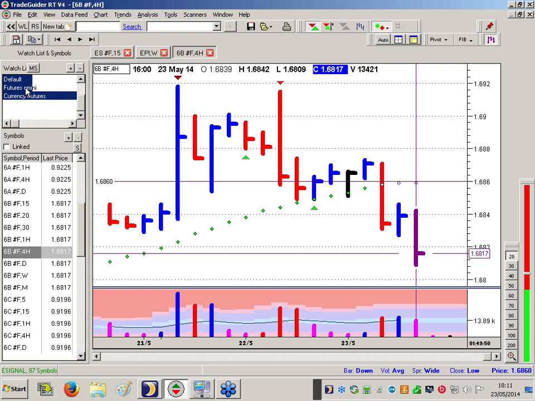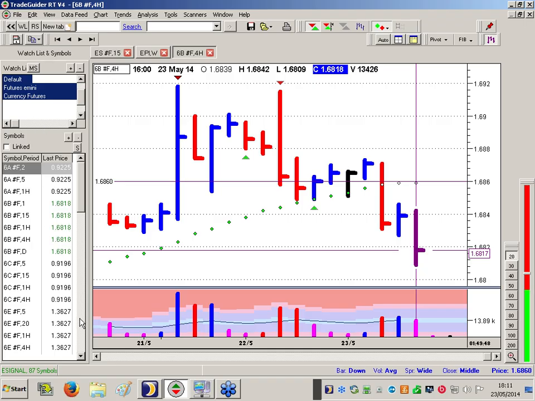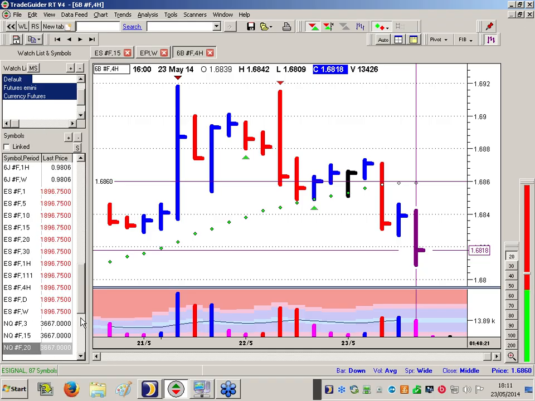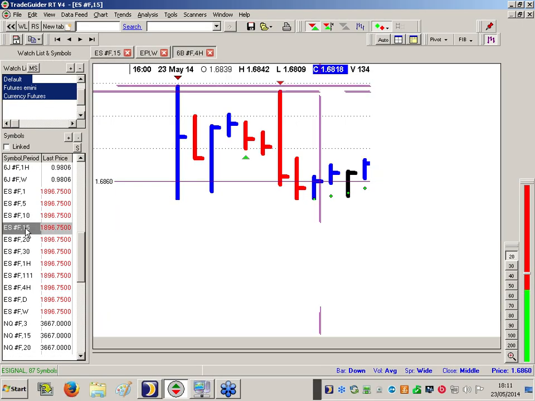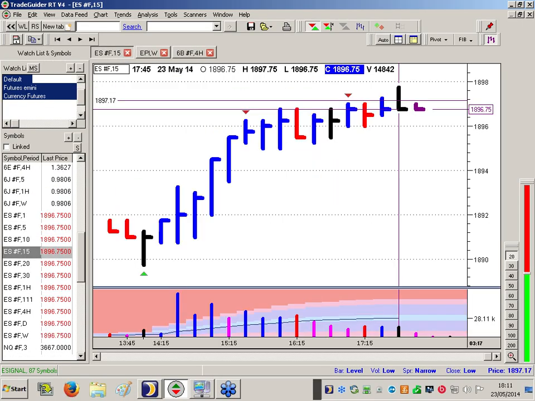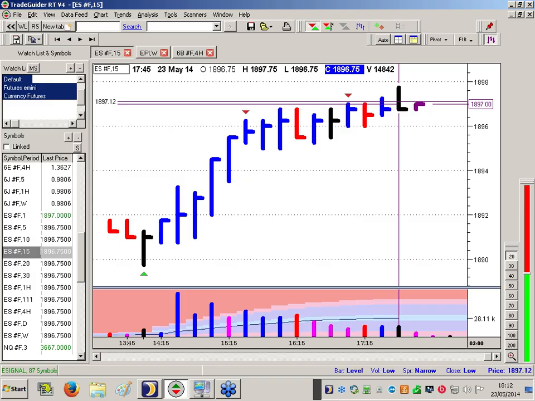Whilst we've been talking, John's saying the ES 15-minute appears to be rounding like a mushroom. Would you perceive this to mean weakness? Well, it certainly looks weak at first glance now, doesn't it? I mean, you've got an up move from this shakeout.